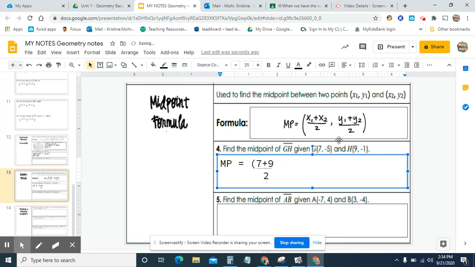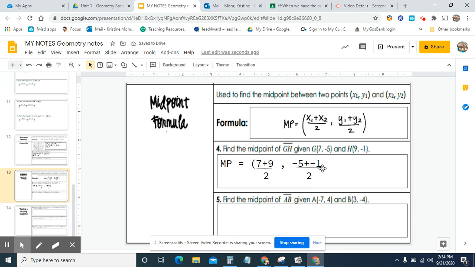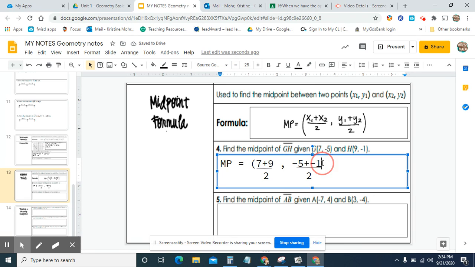And then we'll go and do the y's. So comma our y. Adding our two y's together, we have -5 plus -1. And again, we can draw a line in. And this time I can just click next to the 2 and keep tabbing or spacing over and divide by another 2. Oh, and I forgot to close my parentheses.